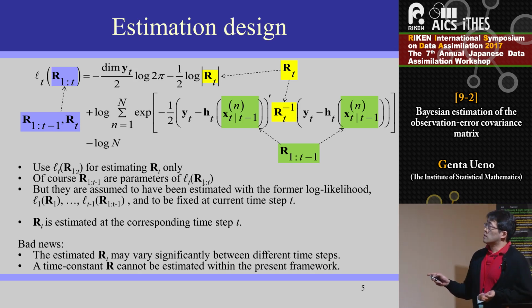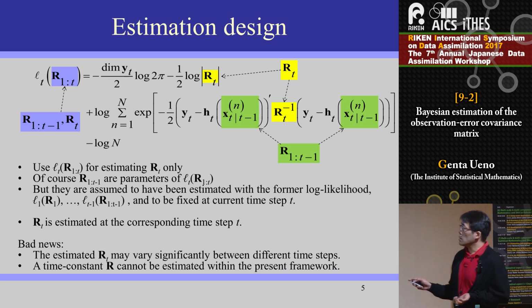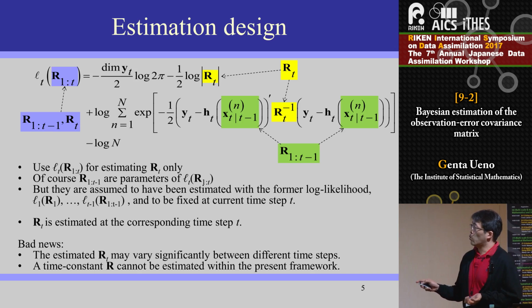But this likelihood function LT is also a function of R1 to RT minus 1. But here I assume the R1 to RT minus 1 are already fixed through the former log likelihoods L1 to LT minus 1.